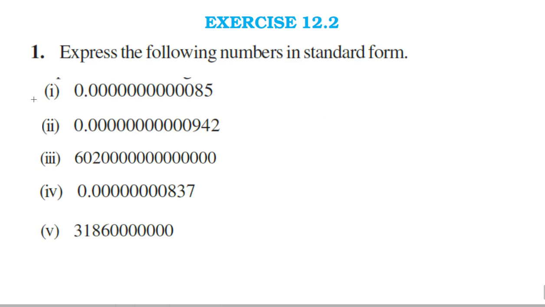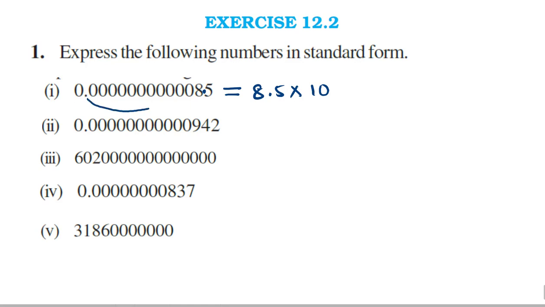Now let us see the first one. Here we have some zeros and then 85. So we need to write this number as 8.5 times 10 to the power of something. If you write 8.5, then 10 to the power of how much do we need to write? Suppose the point is here. Then how many digits are we moving the point?